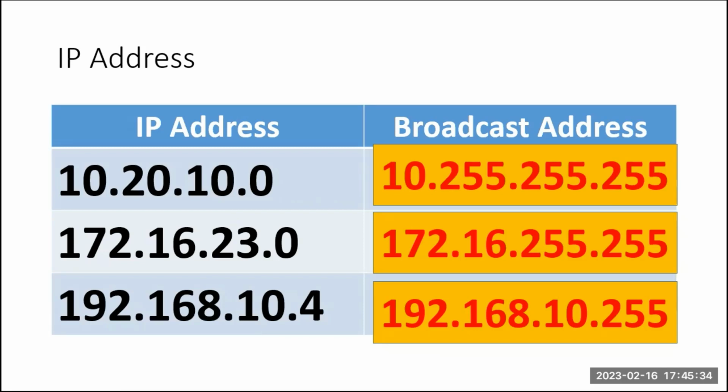The next thing that we looked at last week was the use of CIDRs. So for example, if we're given an IP address and we see a slash beside it, that simply means we are not using the default, but we are doing what is called subnetting.